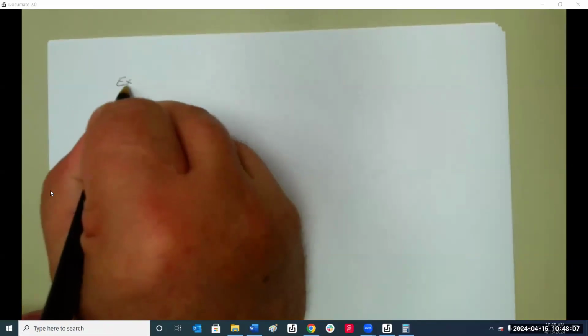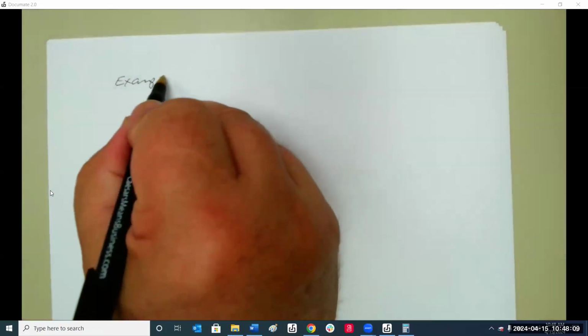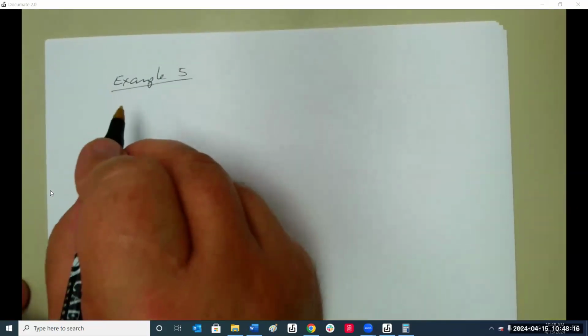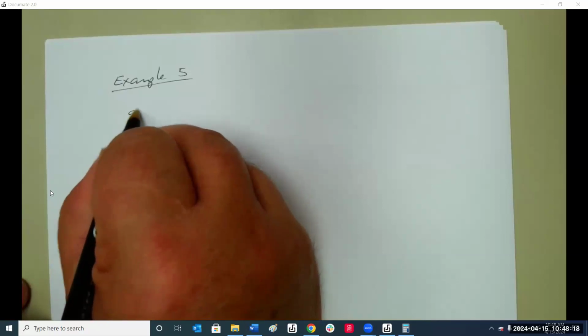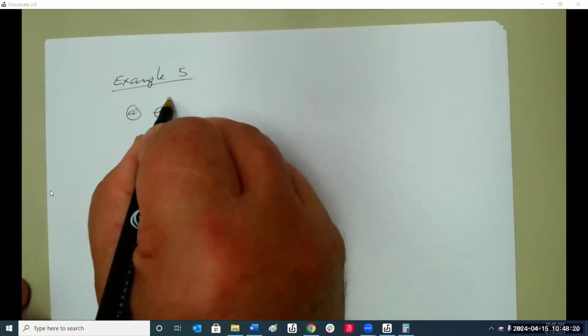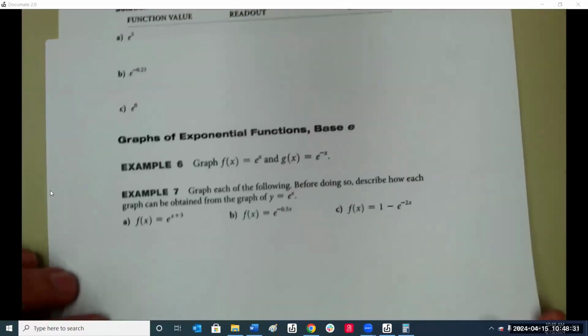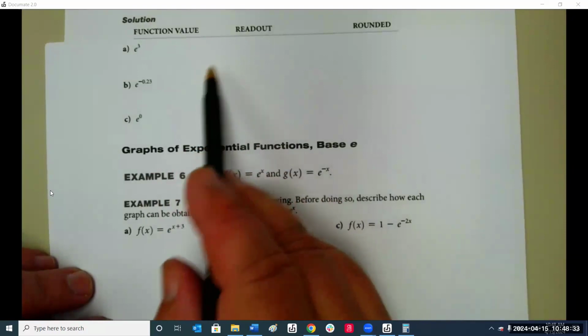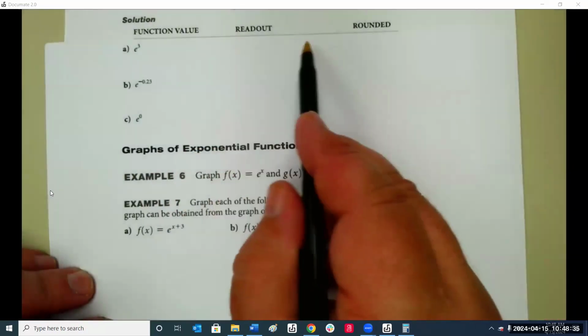So, like example 5, find each value to four decimal places. e to the 3. All you do there is take a calculator, punch the button, and you'll get it. This is what your calculator says.